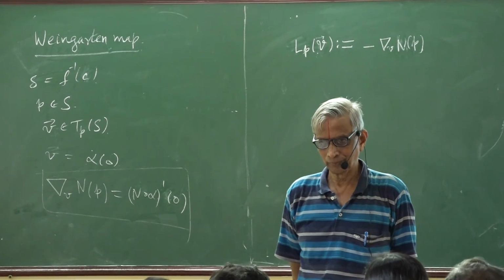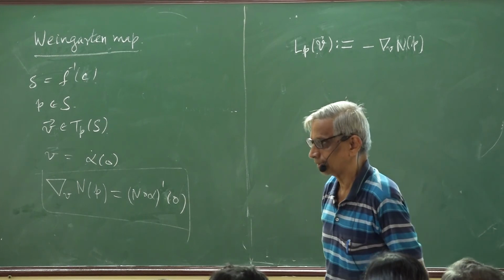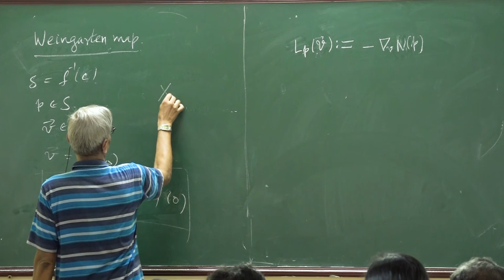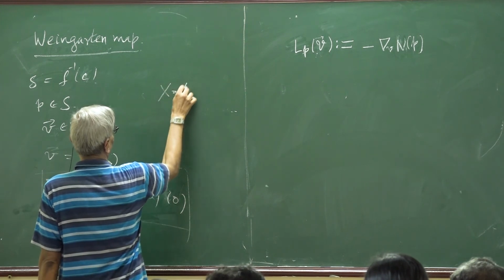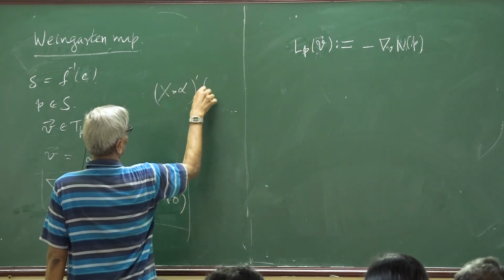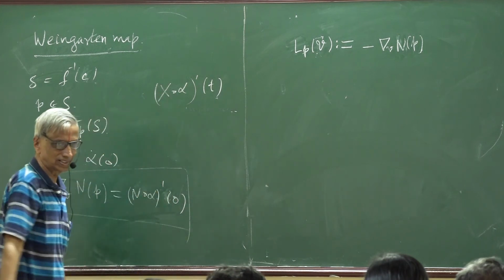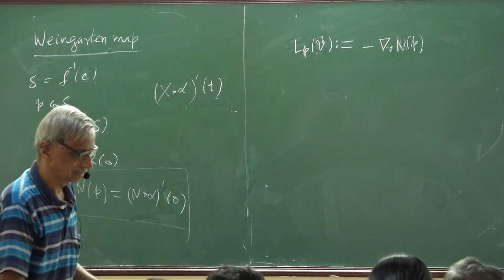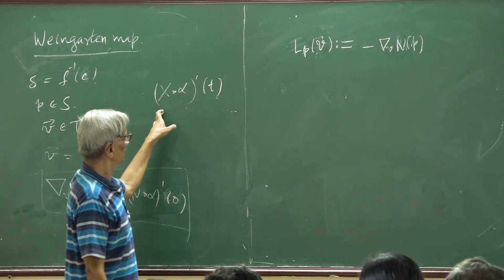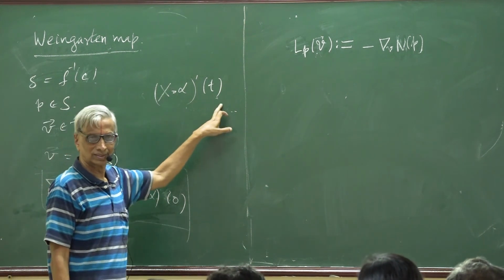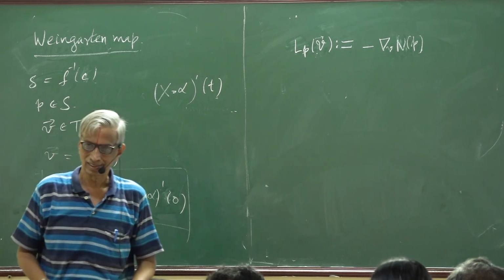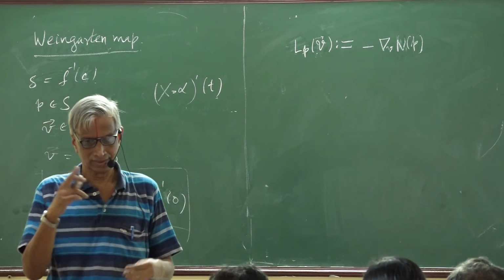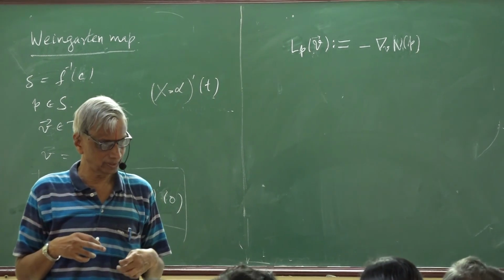Chain rule. So in general, what is your X? If X is a vector field, so what is it? The derivative of what?